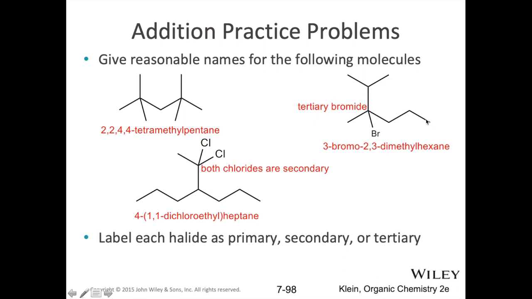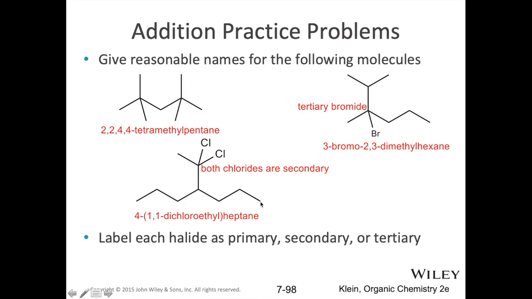If we number from the opposite end, we'd have to go 1, 2, 3 carbons down before we start getting to any substituents. So we have a methyl group on the number 2 carbon, a methyl group on the number 3 carbon, and a bromine on the number 3 carbon. So it's 3-bromo, because remember we want to do this in alphabetical order, and B comes before M. So 3-bromo-2,3-dimethylhexane.